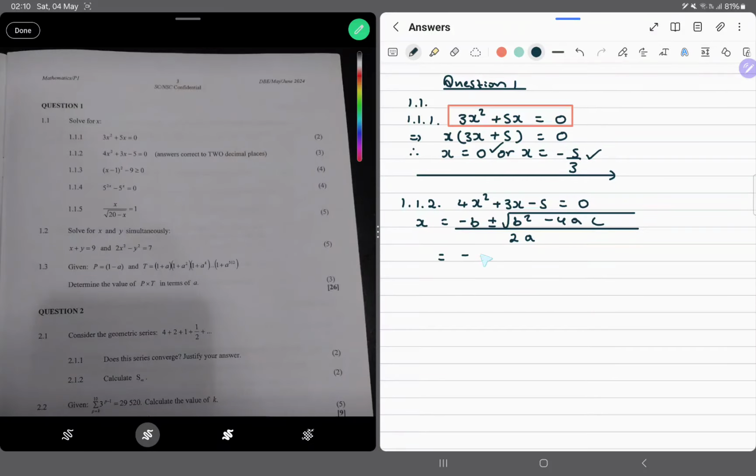So let's see, this is minus 3 plus or minus the square root of 3 squared minus 4 into 4 into minus 5, over 2 into 4.